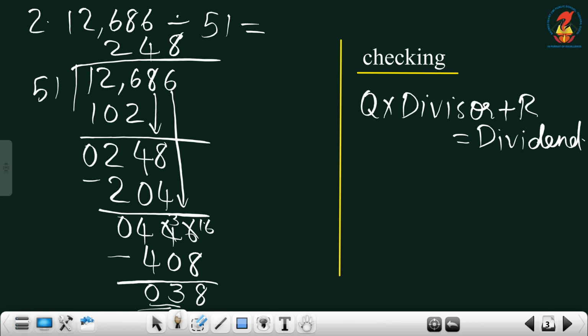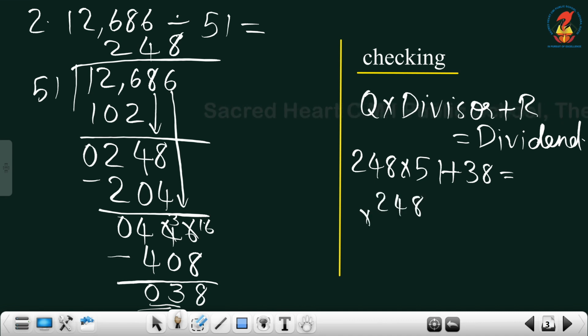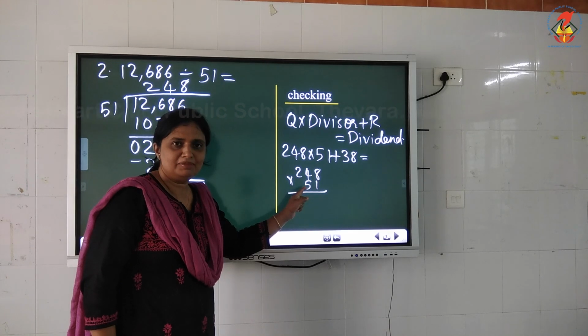Okay, here quotient is what? 248 into divisor is what? 51 plus 38. I will check. 248 into 51 is what? For the 248 into 51, here we have 2 digits in the multiplier, right?